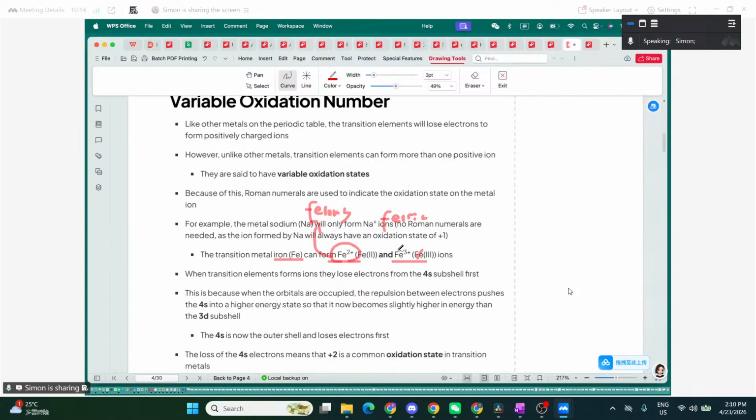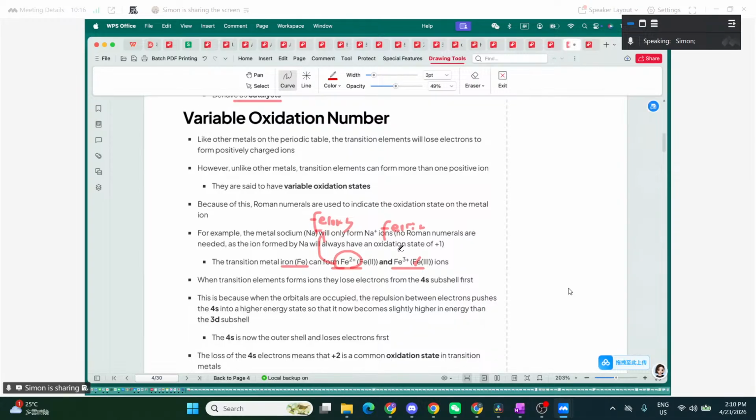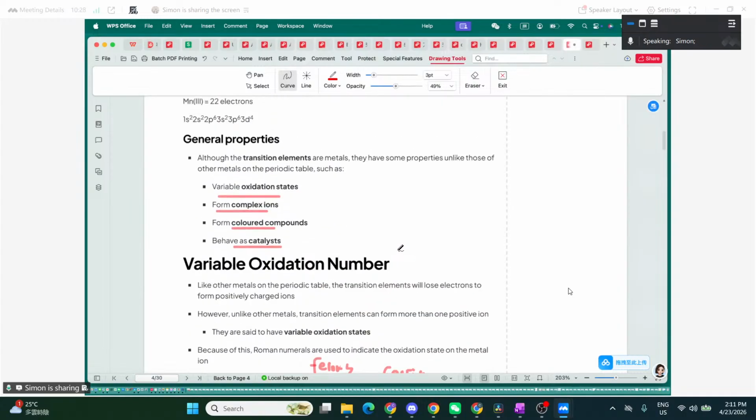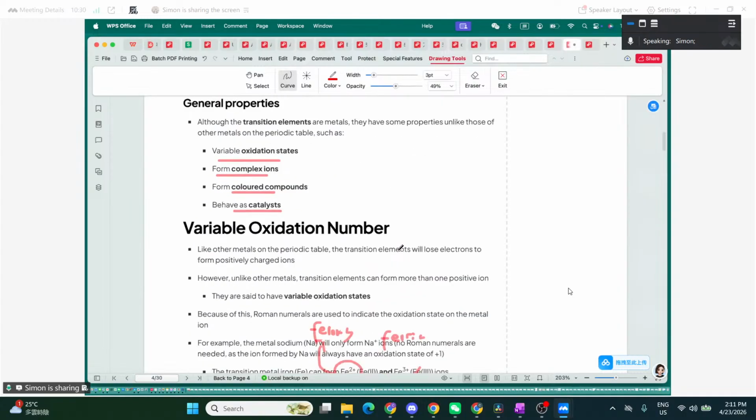Which metal has an oxidation number of more than one?